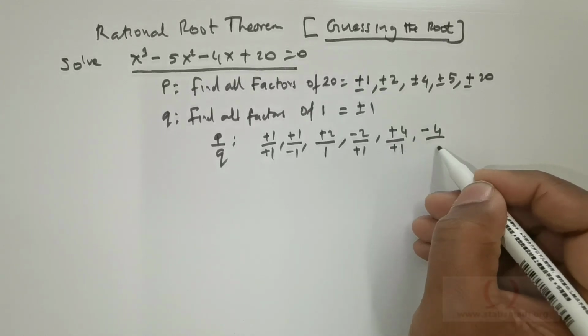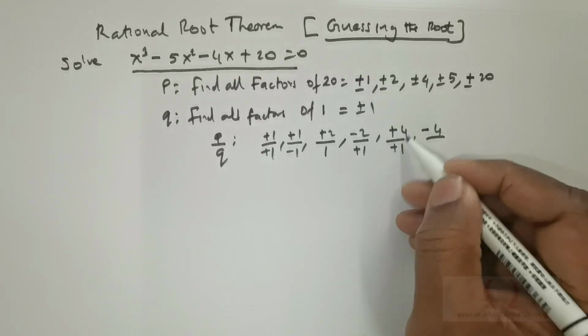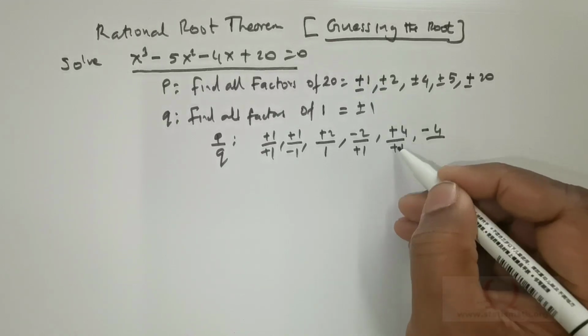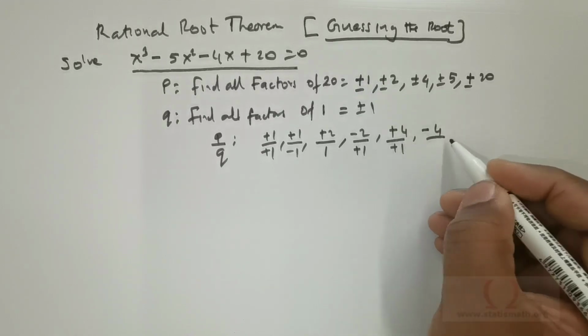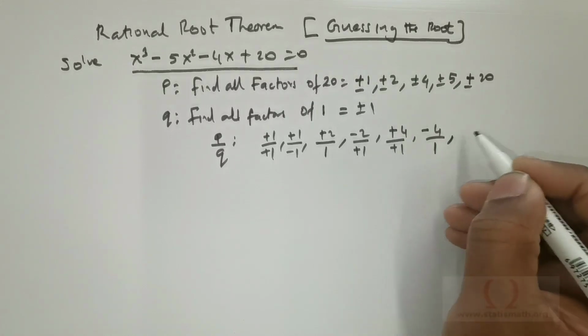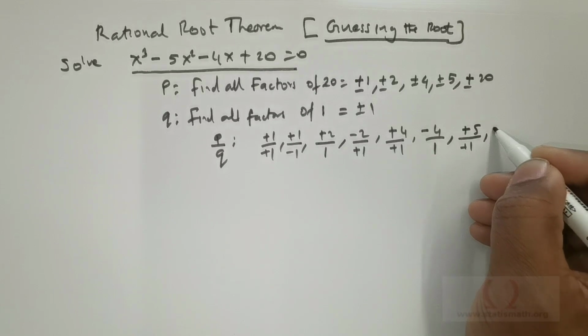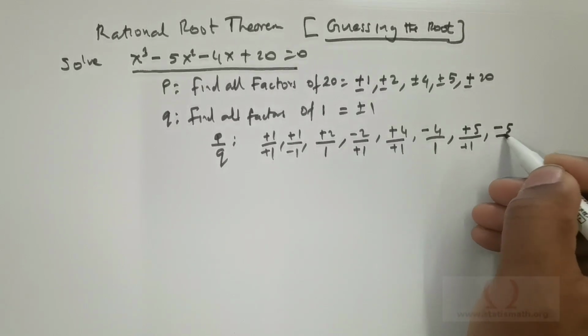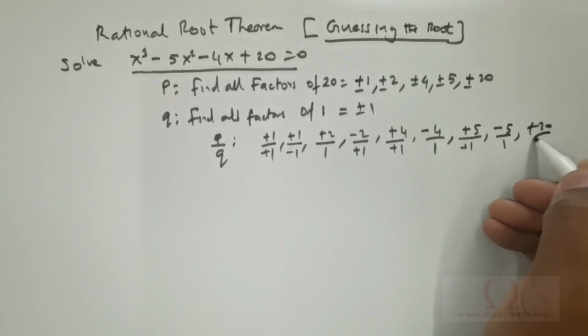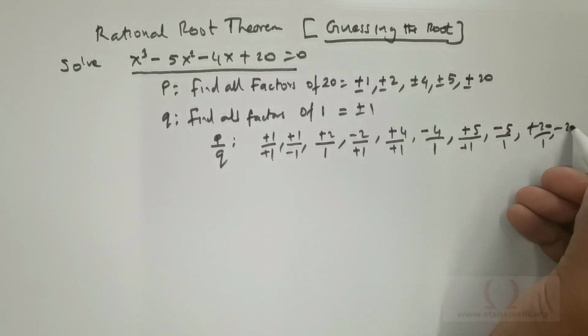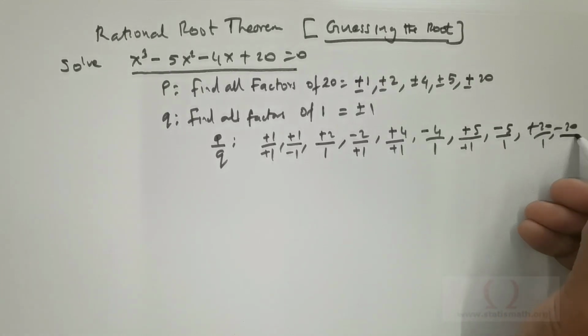I don't have to place minus 1; if I place minus 1, it's going to be 4 divided by 1, which I have already got. So place 1 there, and then plus 5, plus 1, minus 5, plus 1, plus 20, plus 1, and minus 20, plus 1.